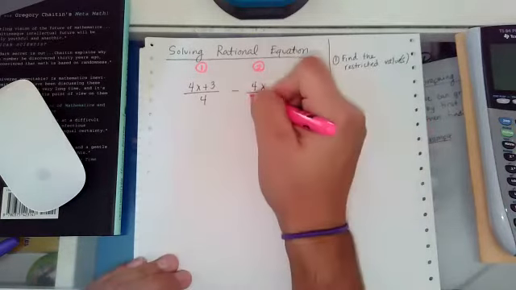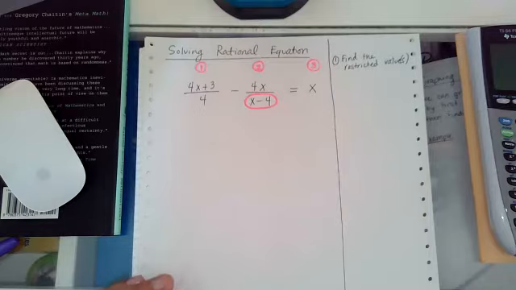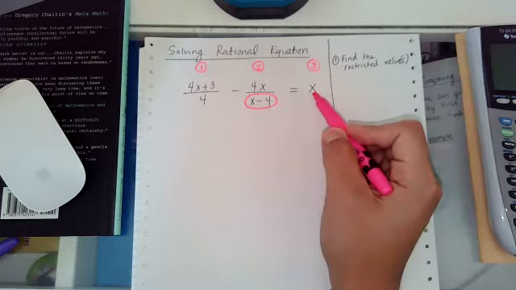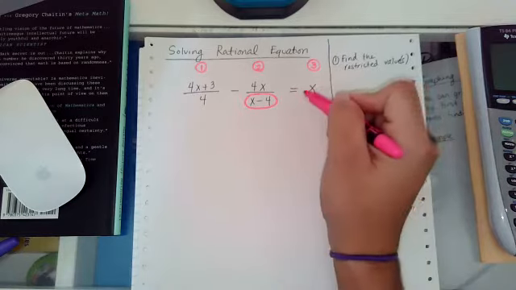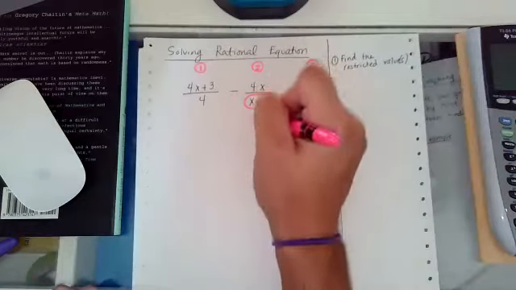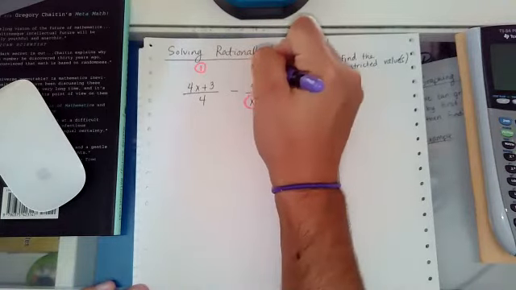We have this expression in the denominator that could potentially be 0 for some choices of x. This term does not have a denominator. Well, really, it has a denominator of 1 if you wanted to think about it that way. So the only term that we have to watch out for is term number 2.